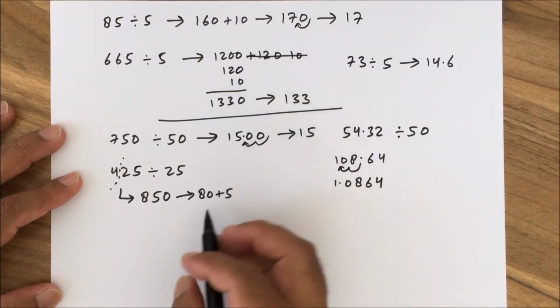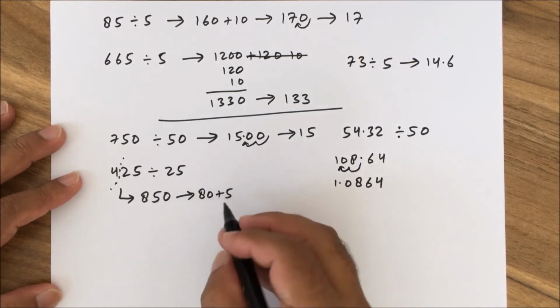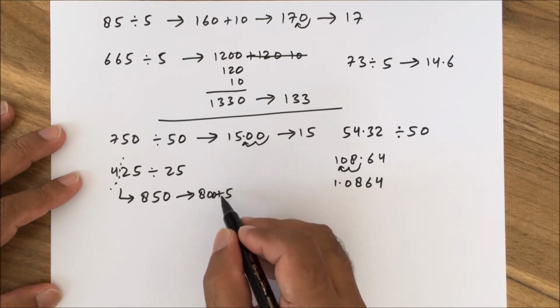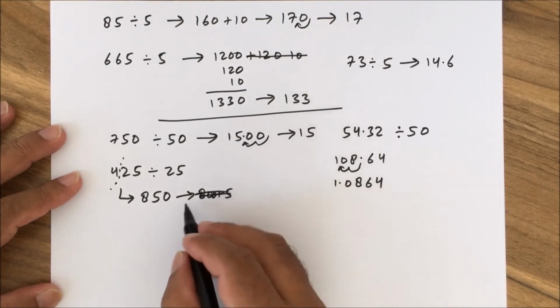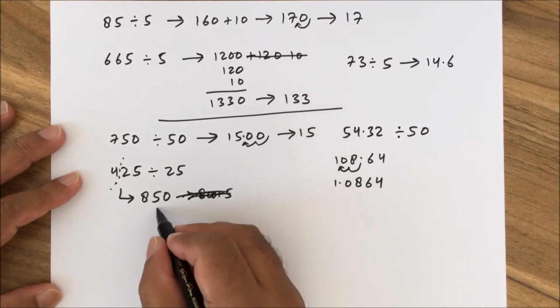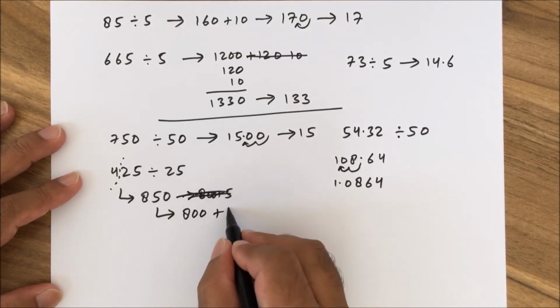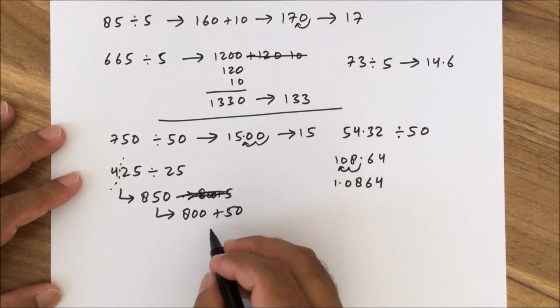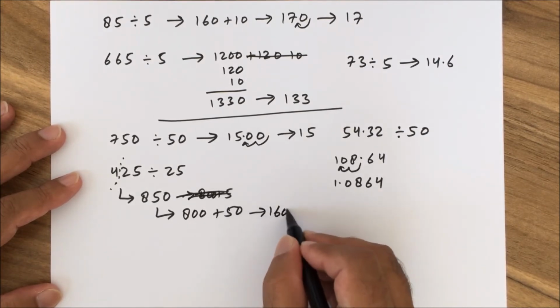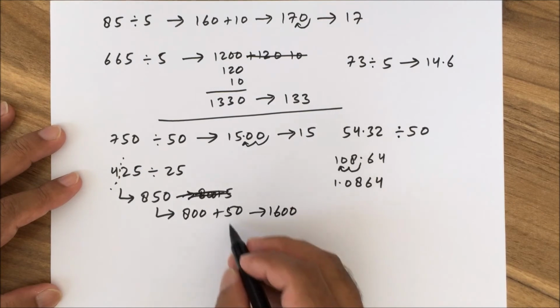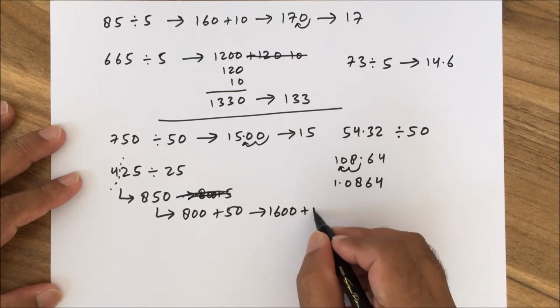Let me do it again for you. I'm sorry. Double of 800, 800 plus 50 is right. So double of 800 is 1600 and double of 50 is 100.